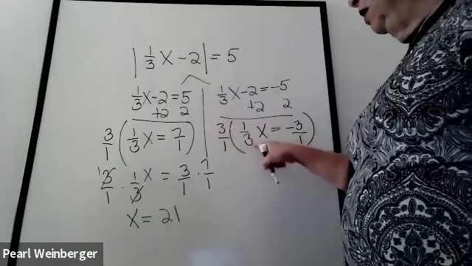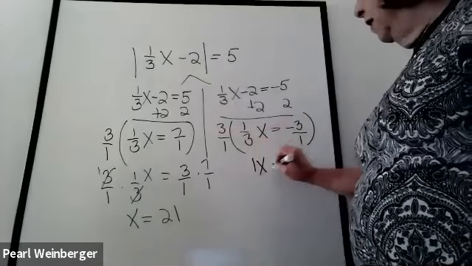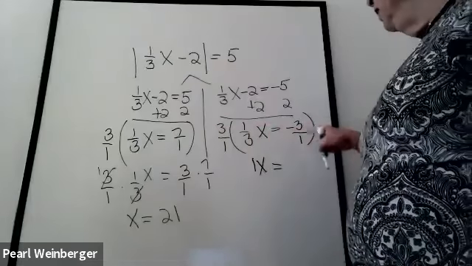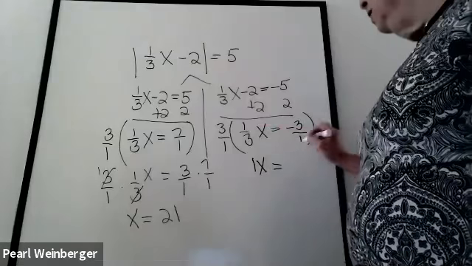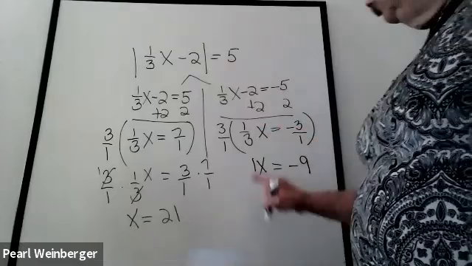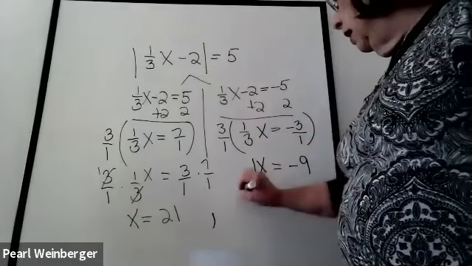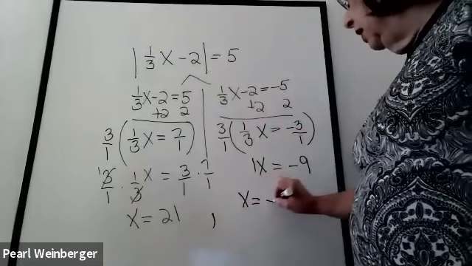Again, the 3 over 1 times 1/3 just gives me 1x. The 3 over 1 times -3 over 1 gives me -9. So my two answers are x equals 21 and x equals -9.